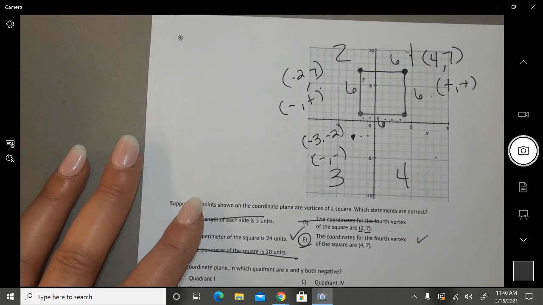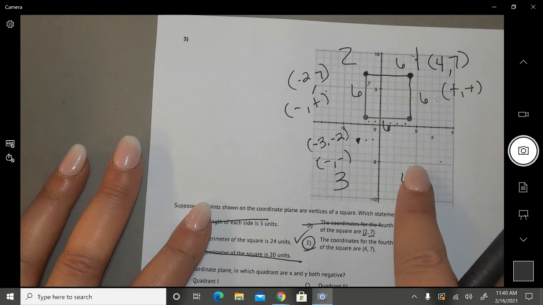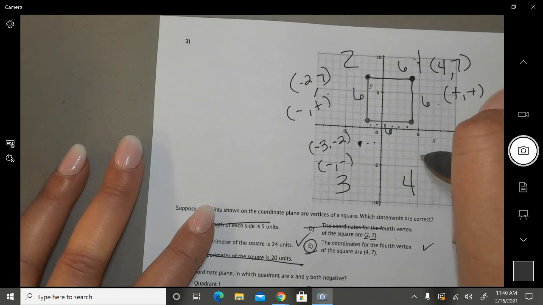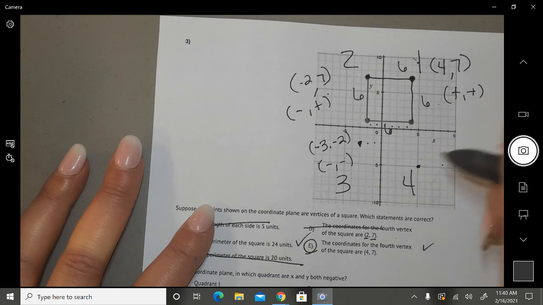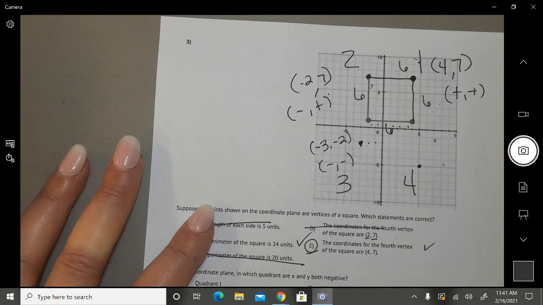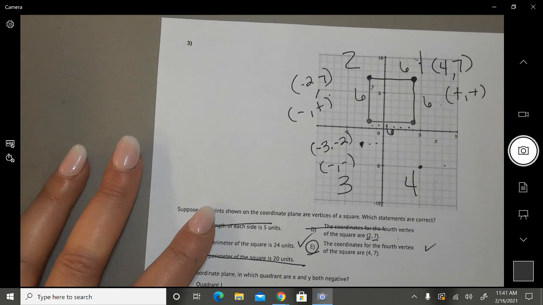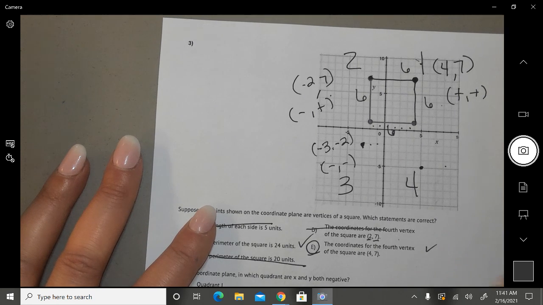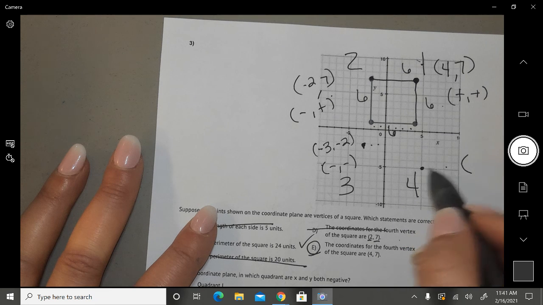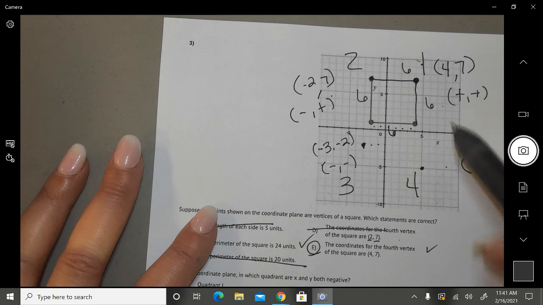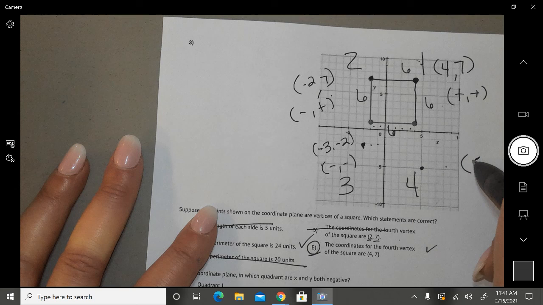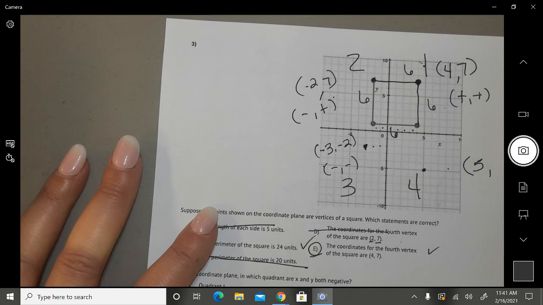Over here, if I have a point right here, what's that location? What's my X? 5. Do they go up or down?